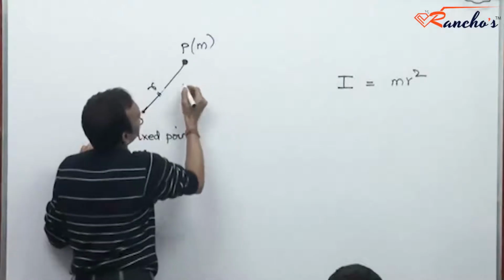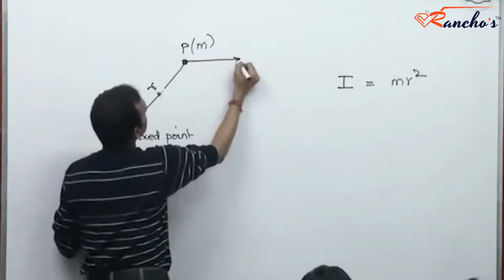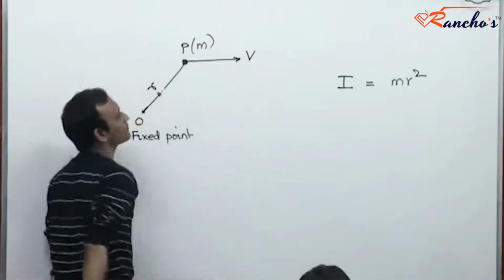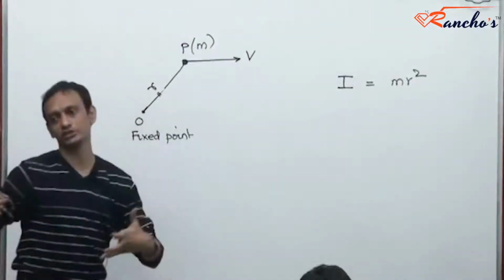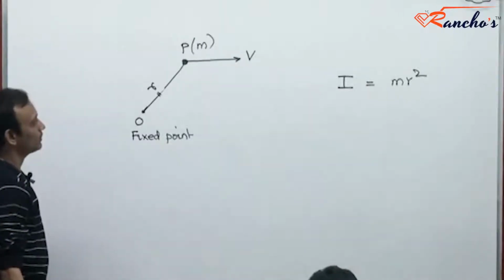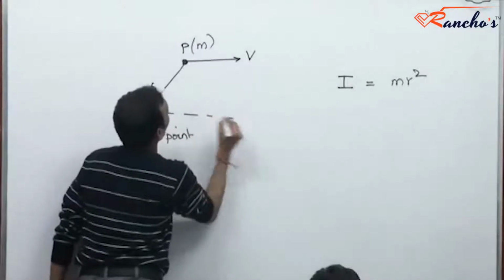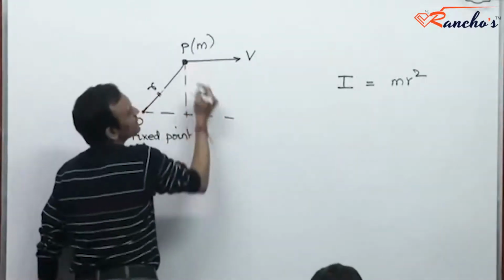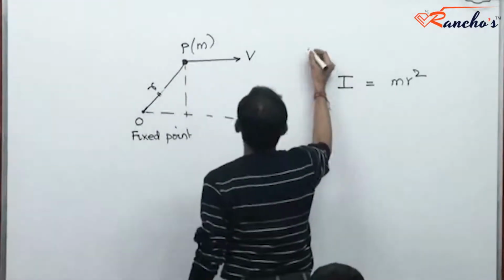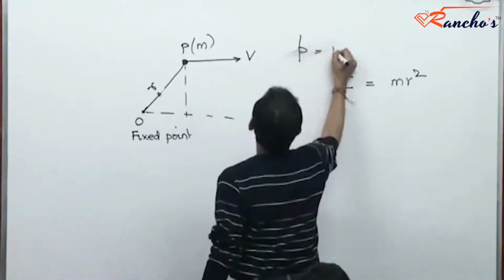Two, let's say this mass has a velocity v in a direction shown. Then there is an angular momentum. The mass has a linear momentum p, which is m into v.